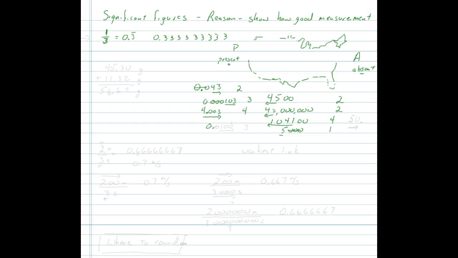If you have this situation, still follow the same rules, the decimal point's present, you start over here, ignore zeros, and you count every number after it. In this case, 3. Those zeros are there to show how good a measurement you took.